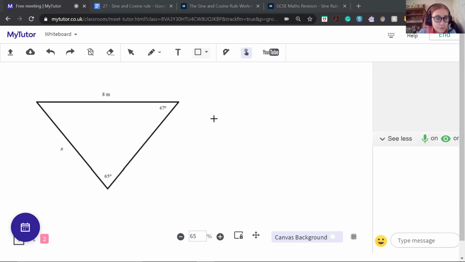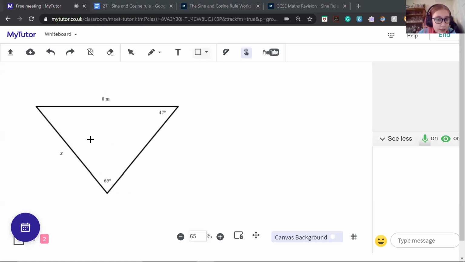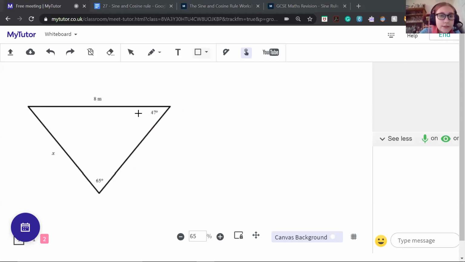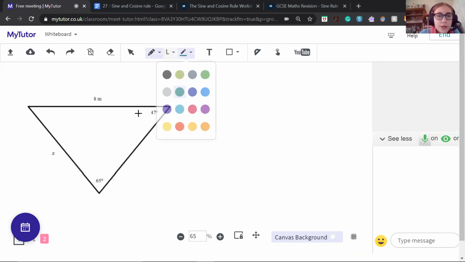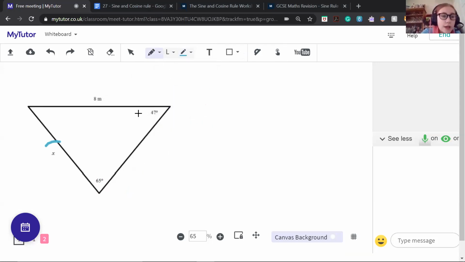So basically, to know that you need to do the sine rule, we've got a side and an angle opposite it. So we've got this and this, and this and this. You can see those two pairs of side and angle. You can label them if you want to. I'm not going to label them with any A's or B's, I'm just going to circle the pairs.